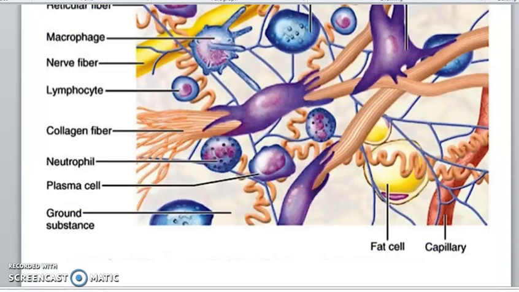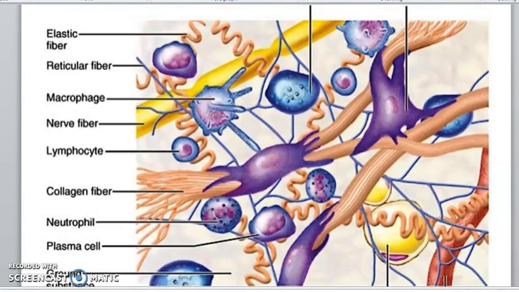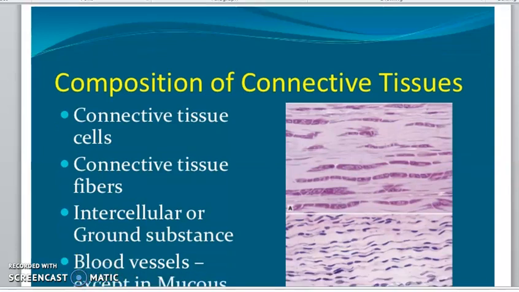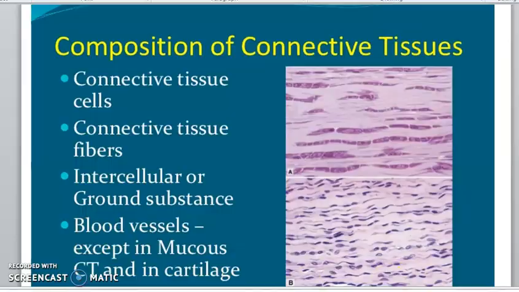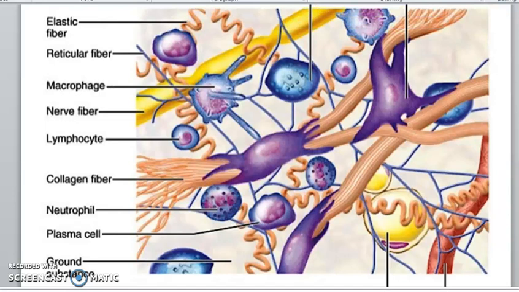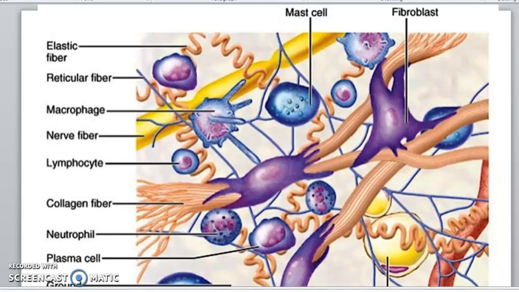Okay, let's look at this. This is a schematic presentation of the connective tissue itself. Now, this is a typical presentation of a supposed connective tissue. All the three major components of the connective tissue, that is the connective tissue proper, specialized connective tissue, are all here.